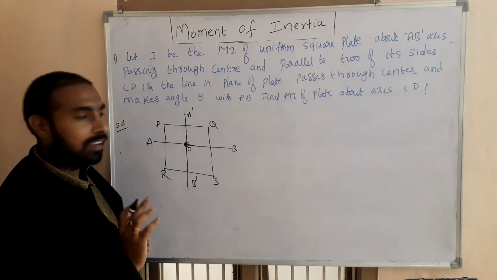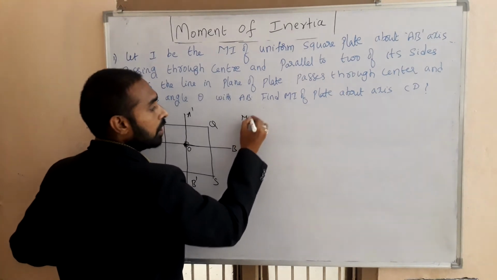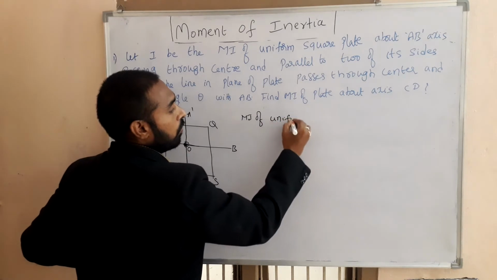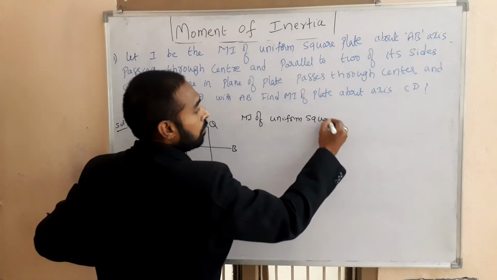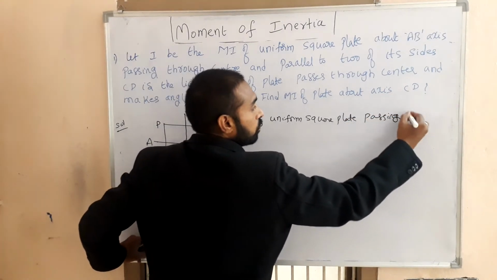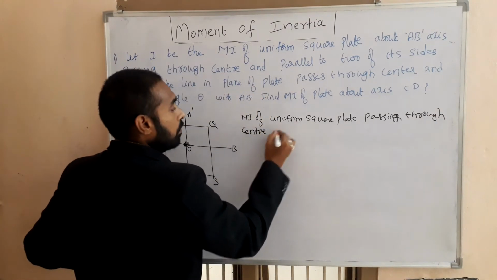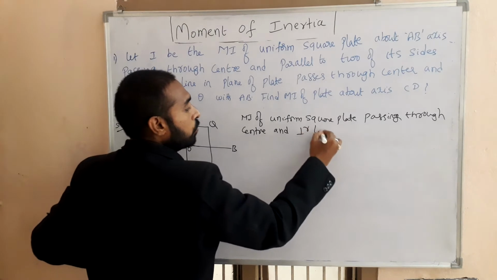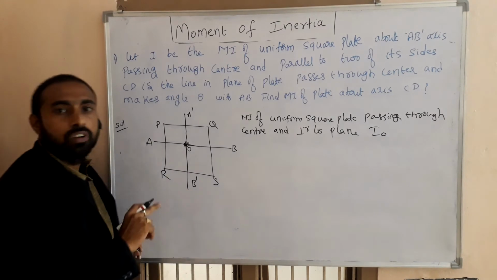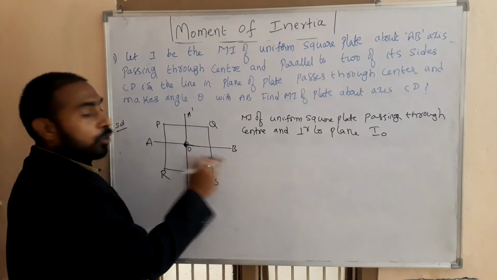So based on the perpendicular axis theorem, the moment of inertia of the square plate passing through the center and perpendicular to the plane, I know its value is ML square by 6. That is about this axis.